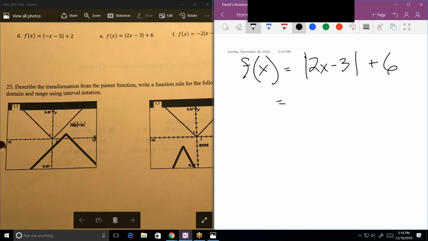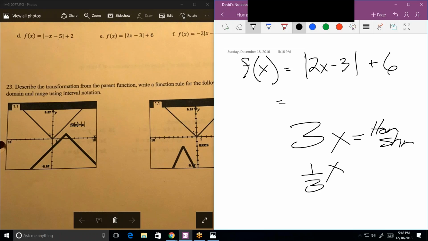In other words, if I have 3x, that's a vertical stretch. If I have 1/3 x, that's a vertical shrink. With horizontal, it's the exact opposite. If I have 3x with horizontal, that's a horizontal shrink. And if I have 1/3 x, that's a horizontal stretch. So just remember that they're opposite one another.